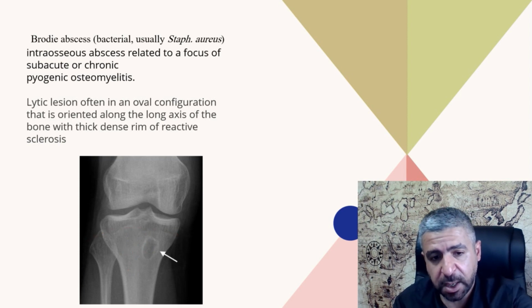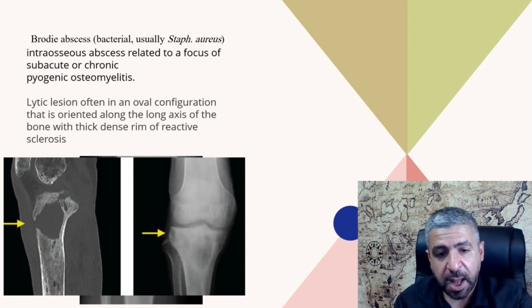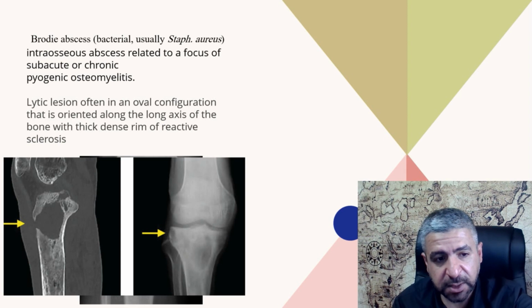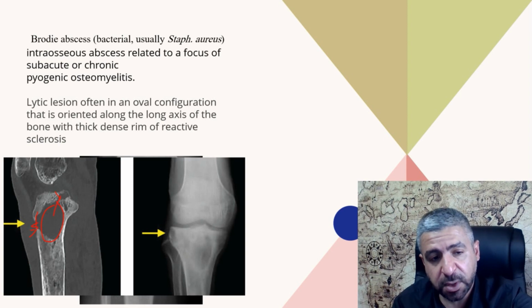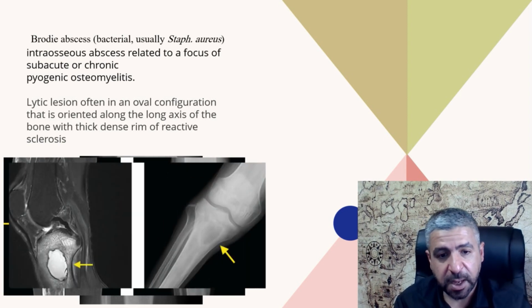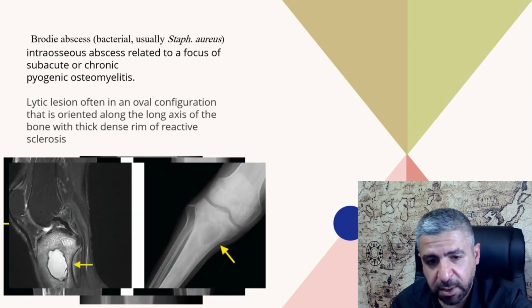So this is what we call Brodie's abscess. Another example of a Brodie's abscess, you can see here, it's in the metaphysis and it has some cortical destruction here and extends into the growth plate, into the articular surface. Typical Brodie's abscess. Another example, you can see it here on the X-ray.